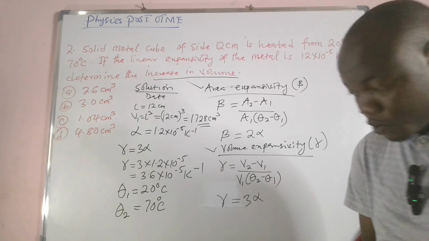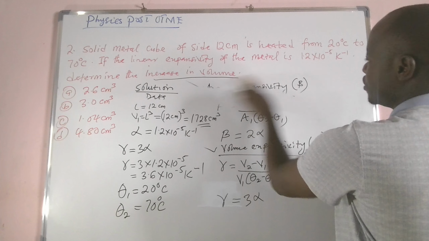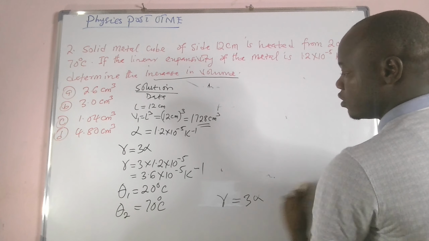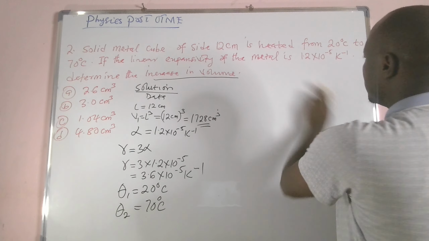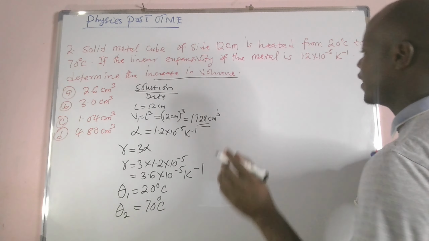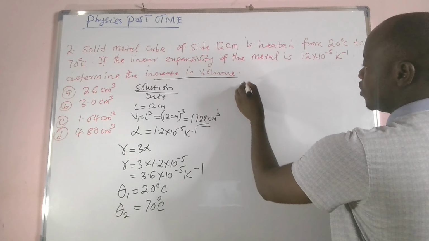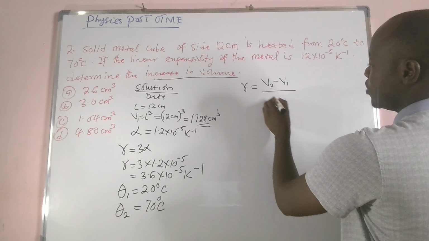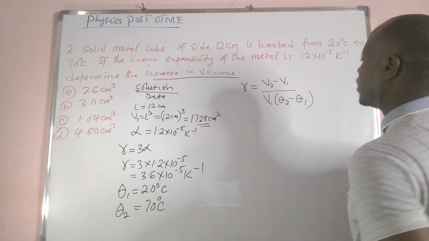So now I'm going to clean this space here. Now we have everything, so the next thing is to take our formula. Gamma is equal to V2 minus V1 all over V1 times bracket theta 2 minus theta 1.